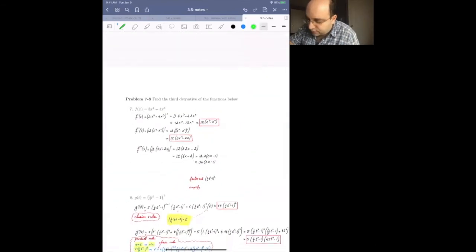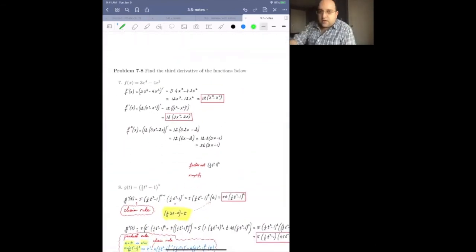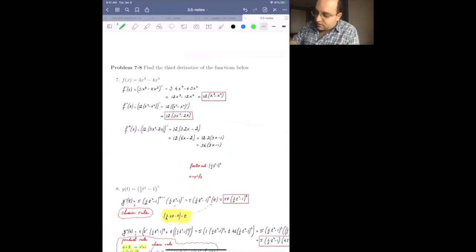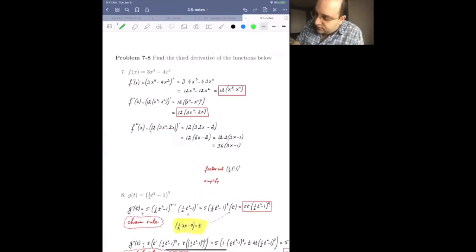Next, we're going to do problem 7. Problem 7 asks to find the third derivative of the function below. So this is the function, and we're going to take the derivative of that function.